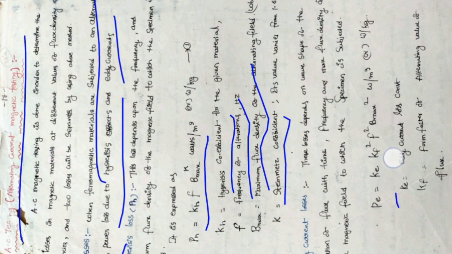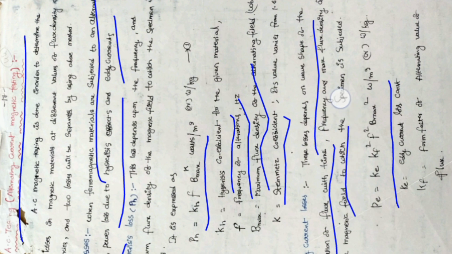Eddy current loss depends on the shape of the variation of the flux, for example a sinusoidal flux, and on the frequency and maximum flux density of the magnetic field to which the specimen is subjected.